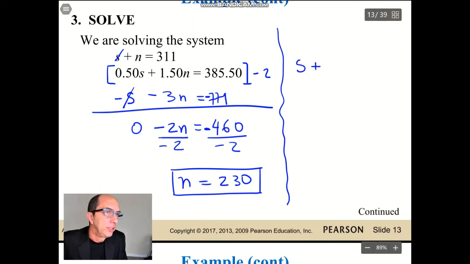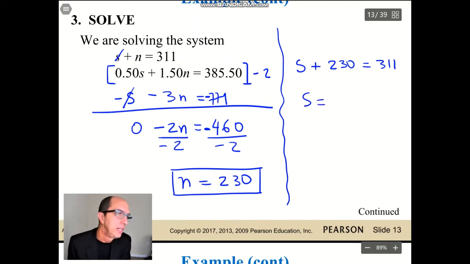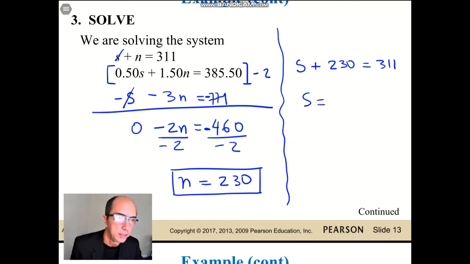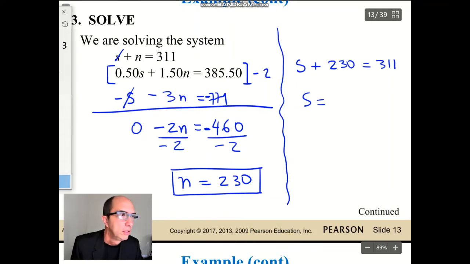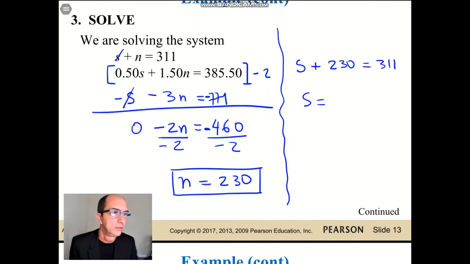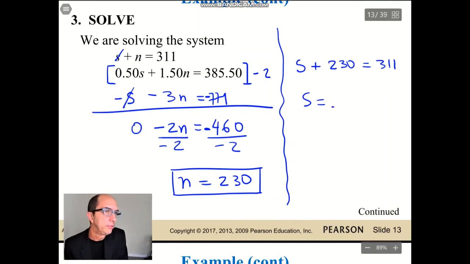S plus 230 equals 311. S equals 311 minus 230. 311 minus 230 equals 81. S equals 81.